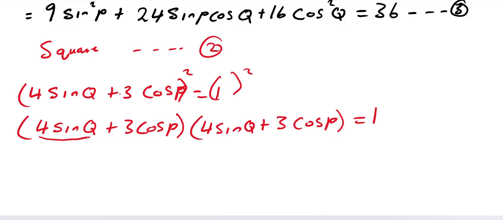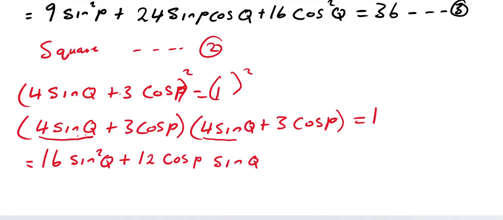That's all. 4 sine q multiplied by 4 sine q gives 16 sine squared q. Then 4 sine q multiplied by 3 cos p: 4 times 3 is 12 cos p sine q.